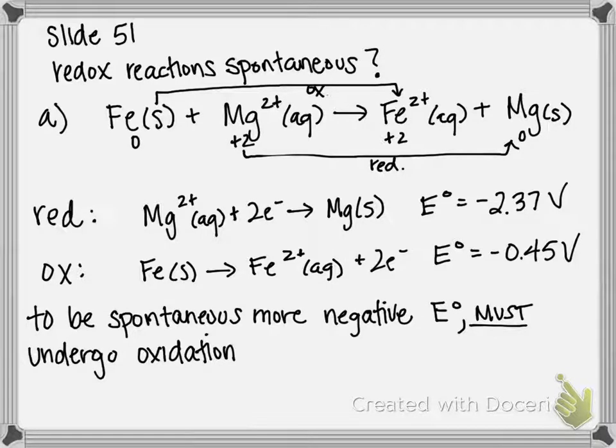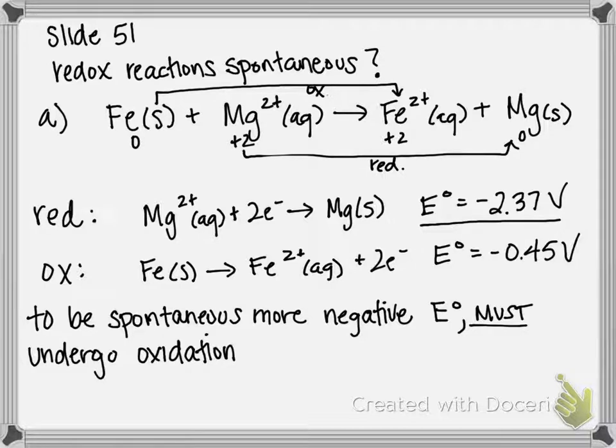So now is the part where we determine if it's spontaneous or not. In order for a reaction to be spontaneous, the more negative of our standard electrode potentials, that half reaction has to undergo oxidation. So in this case, our magnesium half reaction is much more negative than our iron half reaction. But it's not undergoing oxidation.